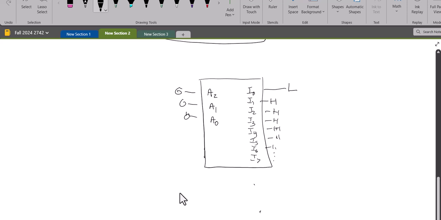If I put in 0, 1, 1, that corresponds to 3. I'll have a low only at the 3.